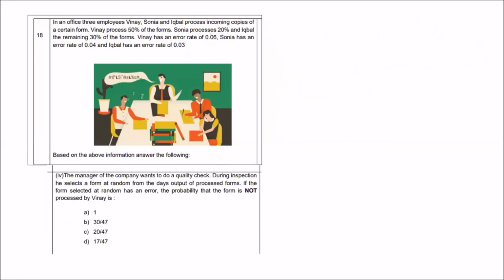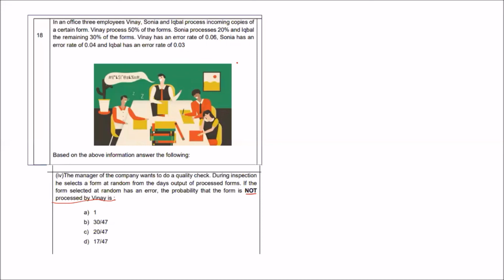Next is the fourth part. The fourth part: the manager of a company wants to quality check. During the inspection, he selects a form at random and finds the day's output of the processed form. If the form selected at random has an error, the probability that the form is not processed by Vinay. That means either you will get Sonia as well as Iqbal, or we can get the error by Vinay and its complement.